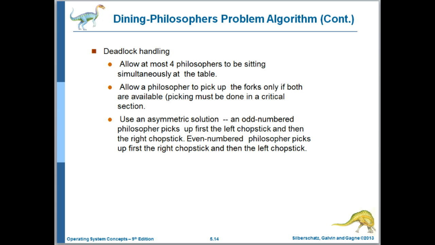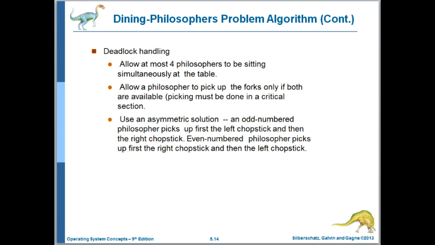I don't particularly care for the first one, allowing four philosophers to be sitting at the table simultaneously. The remaining solutions could result in the starvation of a particular philosopher.